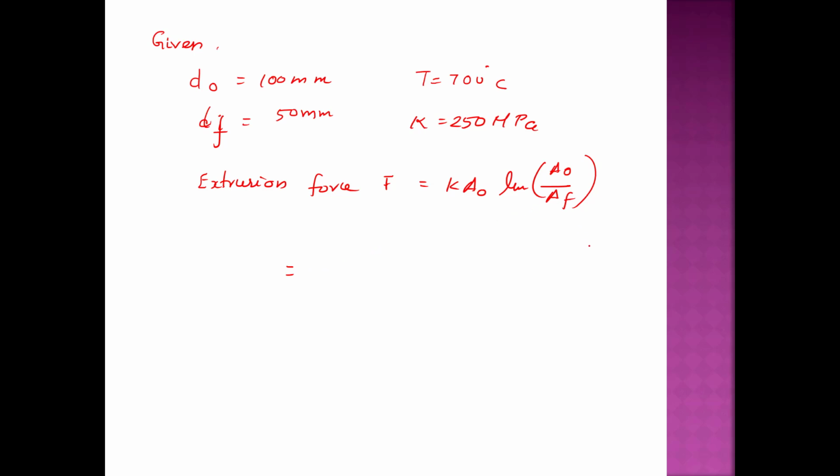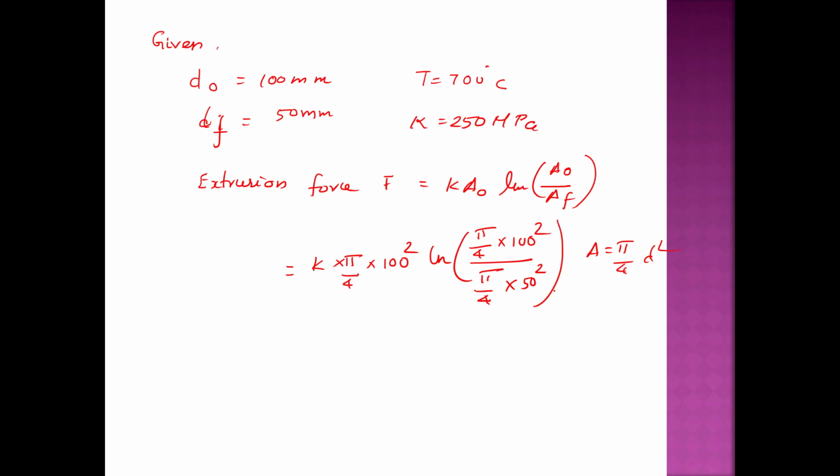We know that A equals pi by 4 d squared. So F equals K A0 ln of (pi by 4 into 100 squared divided by pi by 4 into 50 squared). The pi by 4 will be cancelled, so we are getting 4 here.